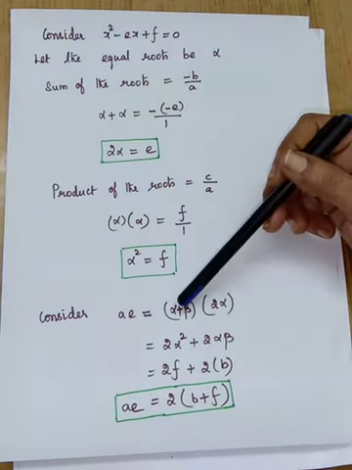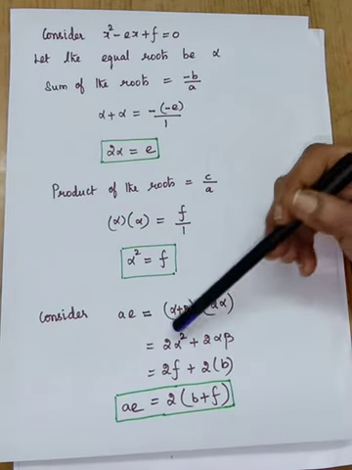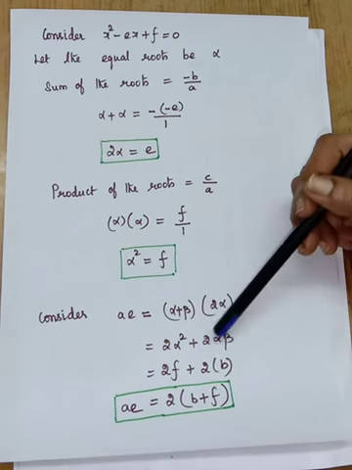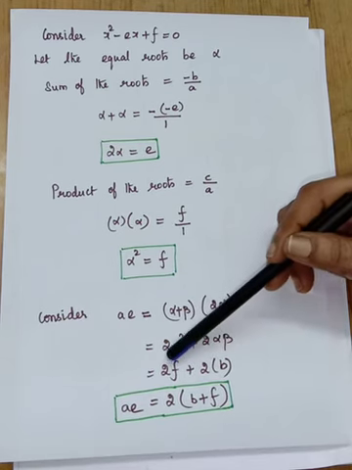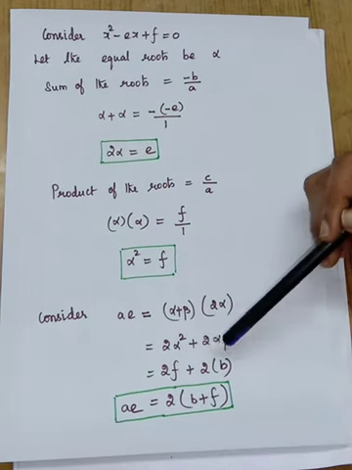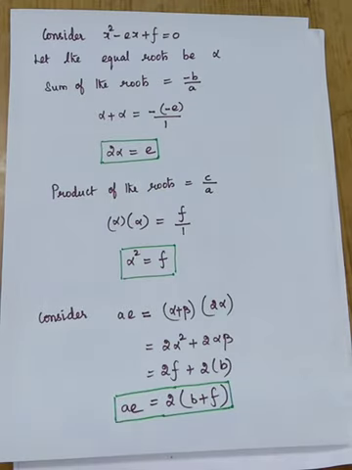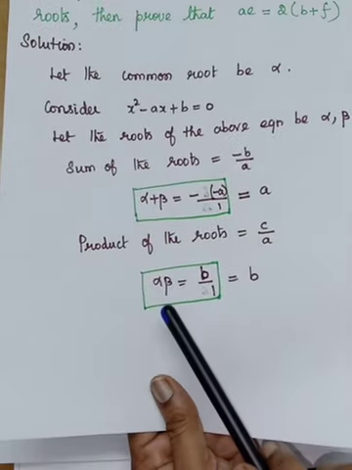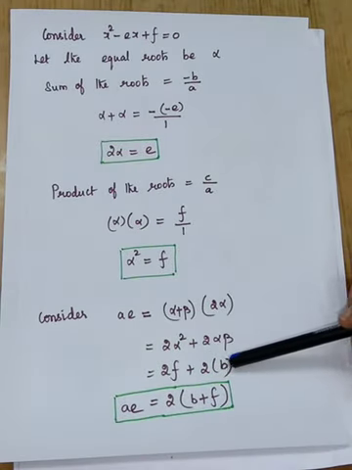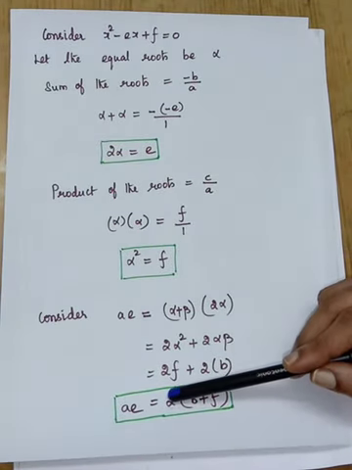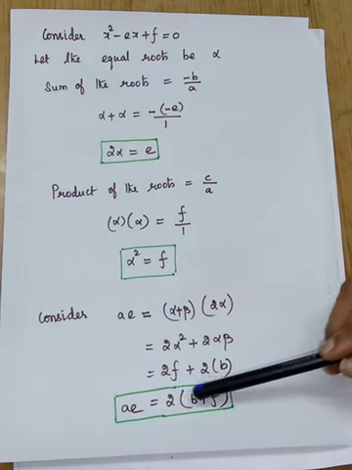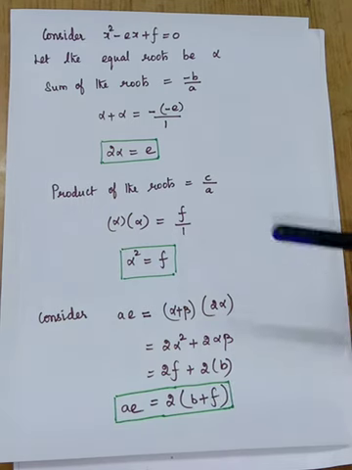So if you just multiply, alpha into 2 alpha is 2 alpha squared plus beta into 2 alpha is 2 alpha beta. So 2 into, what is alpha squared? So we have found it as f, plus 2 alpha beta. So see that, what is the alpha beta here? That is b. So it is 2f plus 2b. So from these two, if we take 2 out, you will get b plus f. So ae is equal to 2 into b plus f. We have proved the result.